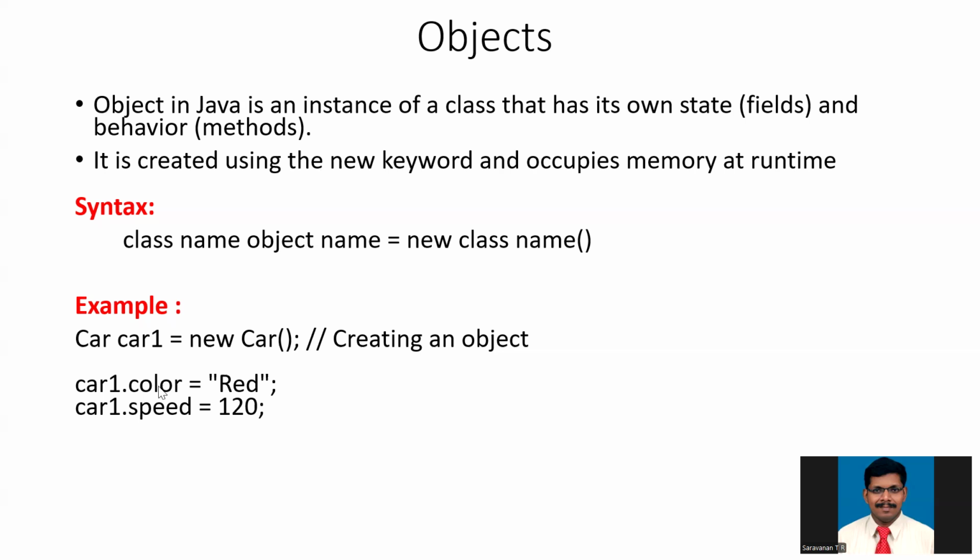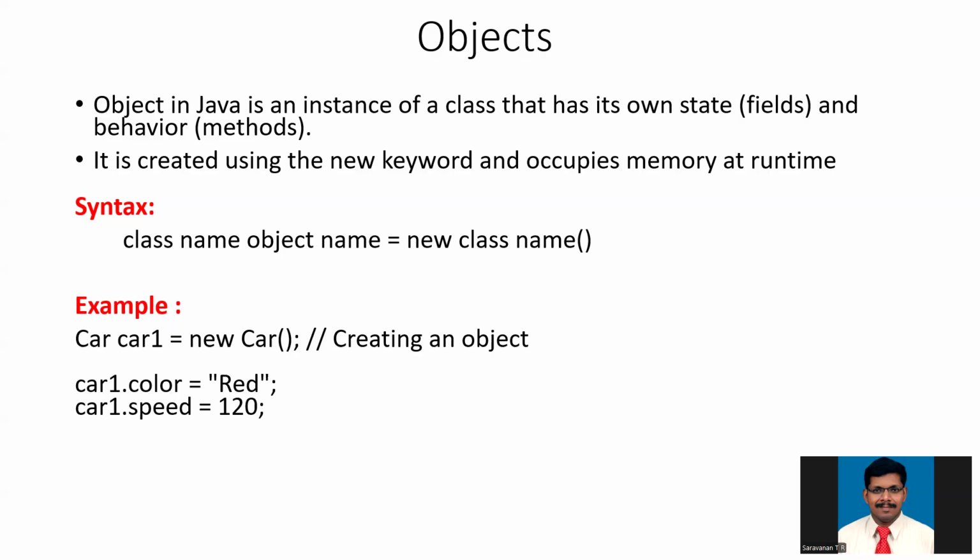In car1.color equals red, car1 is the object, the dot is the operator, and color is the data variable, assigned the value red. car1.speed means speed is a variable assigned the value 120. Now we can create any number of objects: car1, car2, car3, car4.